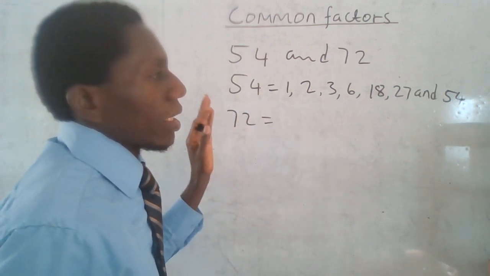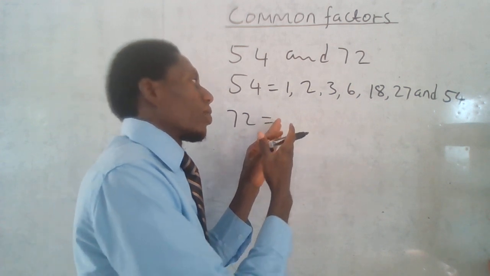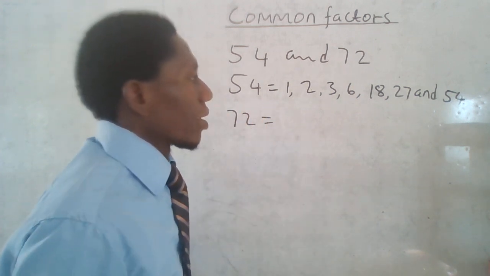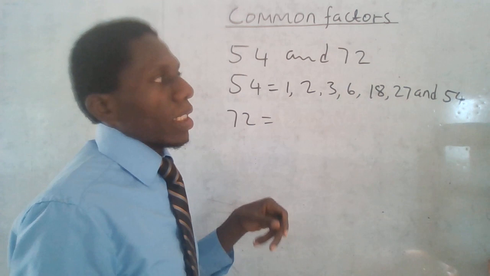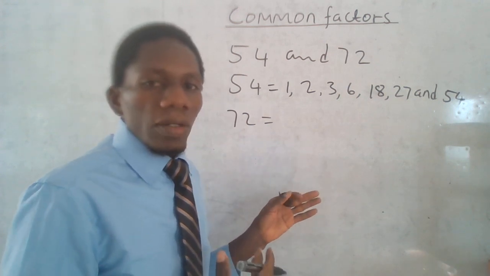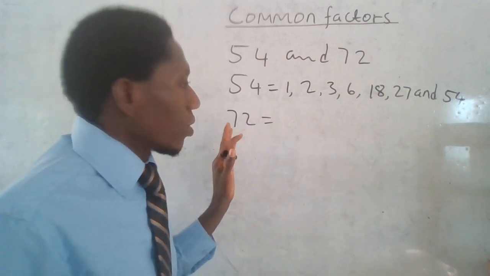72, numbers that can go into 72 without a remainder, or numbers that can multiply other numbers to give us 72.